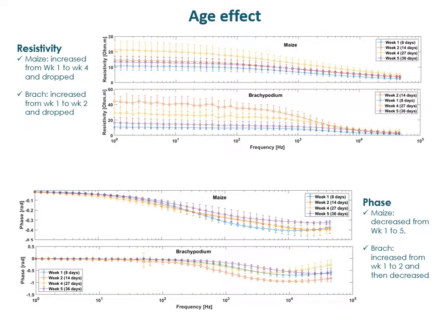And then we see the effect of age. With the age response, we measured over a 4-week period. For the resistivity, we see an increase and decrease. And also in the phase response, we see some variation. Maize decreased, and the brachypodium increased and also decreased.